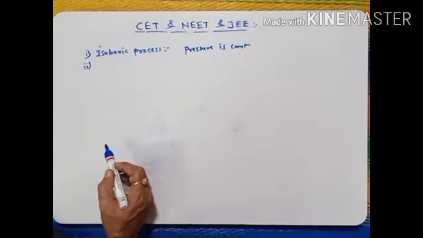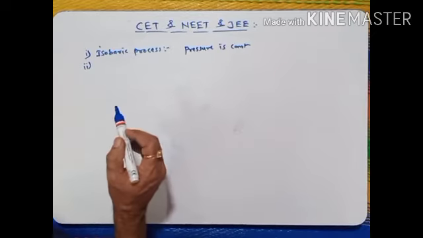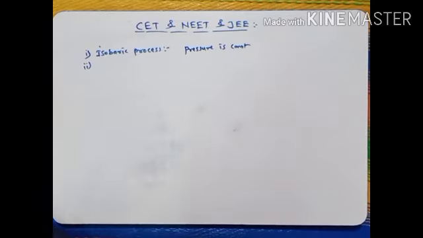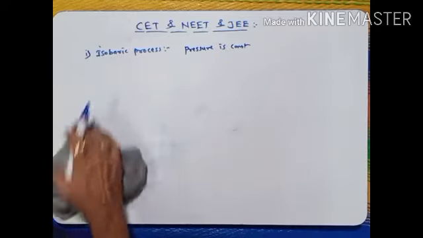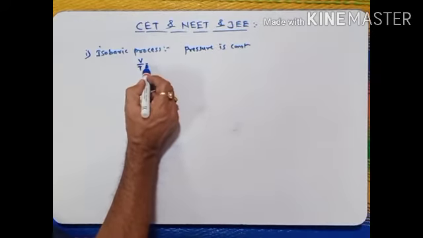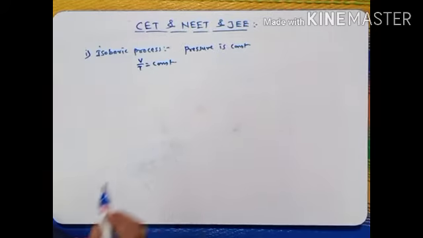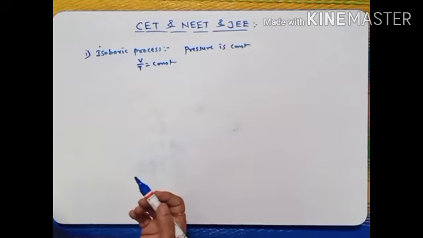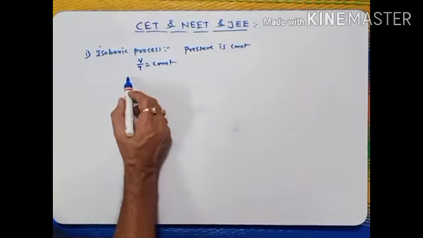Next, we consider the equation of state for this process, V upon T is equal to constant. Now in isobaric compression, temperature decreases.